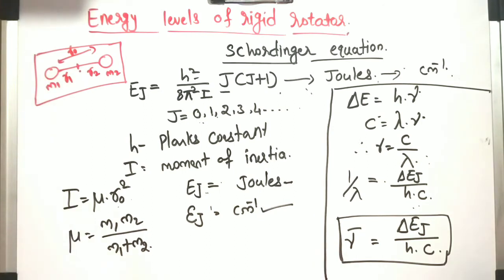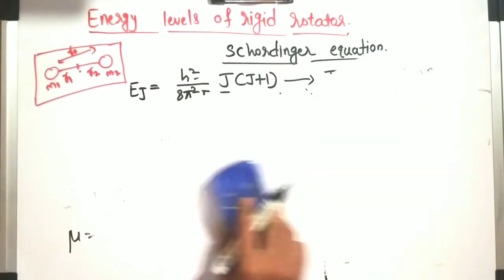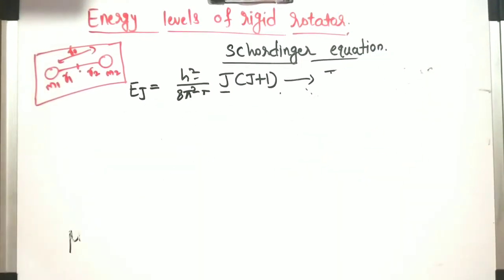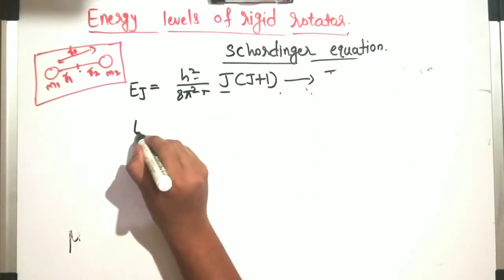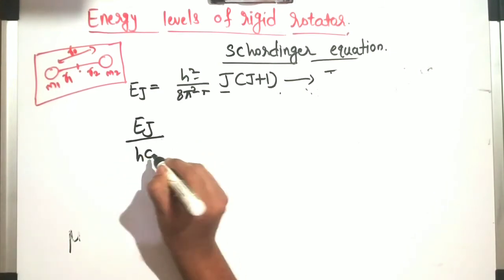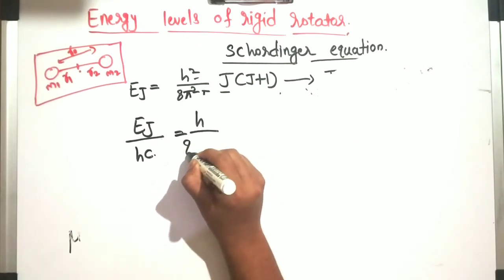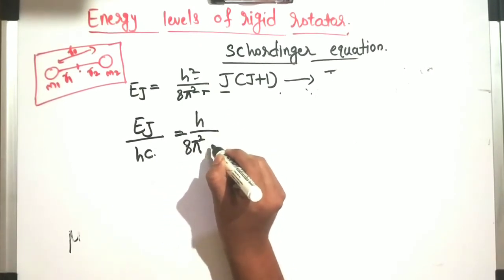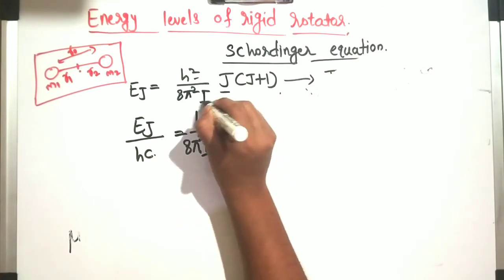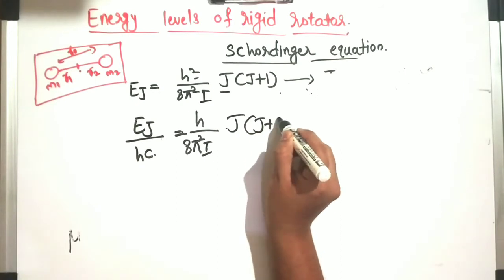Next we take up this equation. After converting, the conversion factor E_J divided by hc equals h divided by 8 pi square I into J of J plus 1.